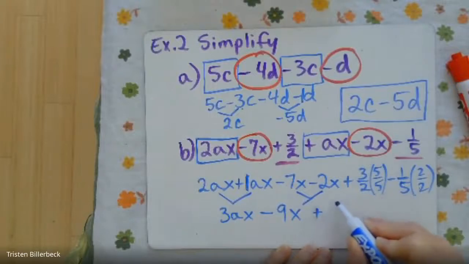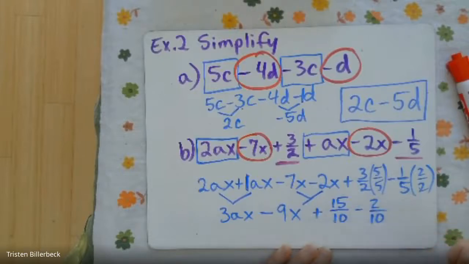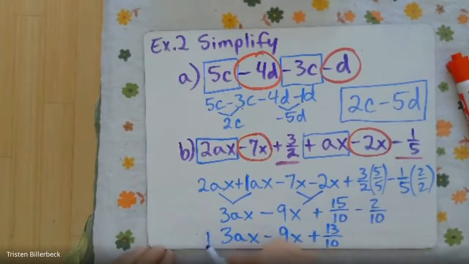So we have plus 15 over 10 minus 2 over 10. So we have 3ax minus 9x, and then 15 minus 2 is 13 over 10. So that's how we would simplify that one.